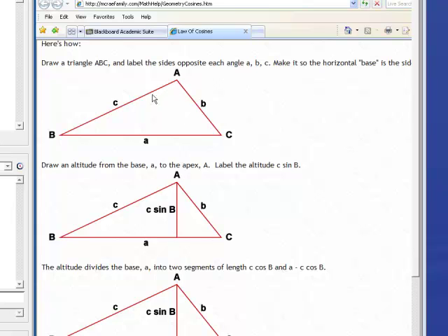Now we took this very random triangle and split it up into two right triangles. For the triangle on the right-hand side, the opposite is c times sine b. The adjacent would become c times cosine b, as written in the third diagram. And this side over here is the total a, subtract from that c cosine b, and that's what's written down here.